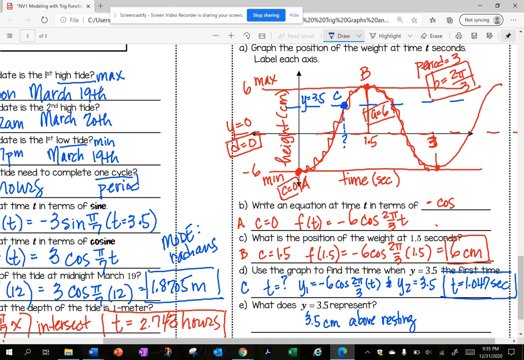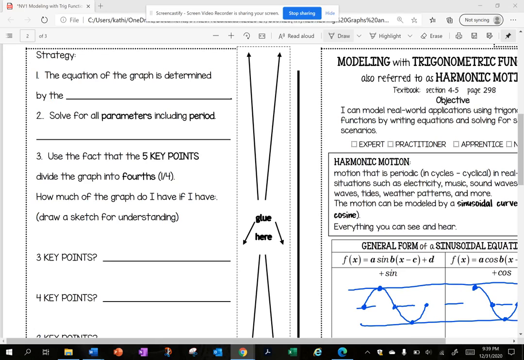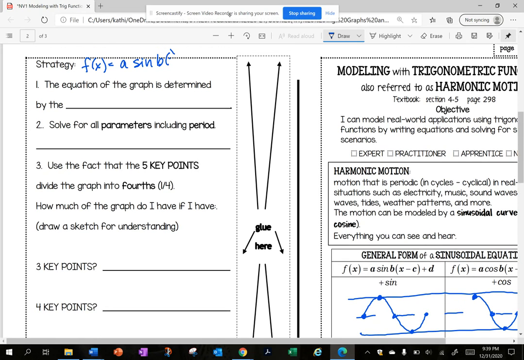So let's just do a quick review of a couple simple things here. When I have my general equation, it is f of x equals a times the sine of b of x minus c, plus d.